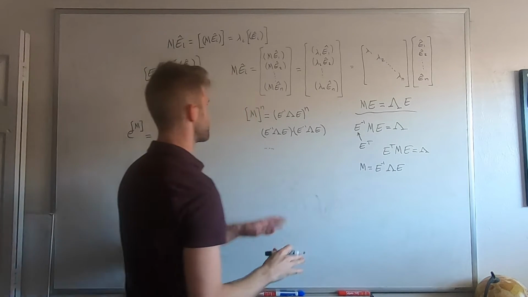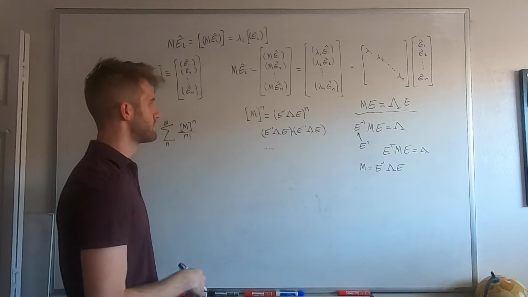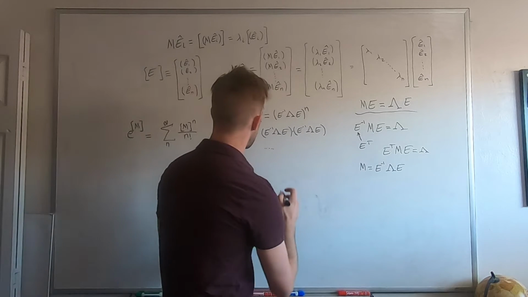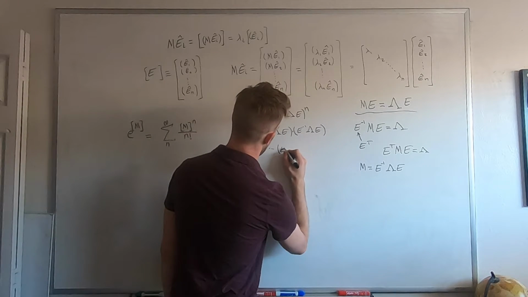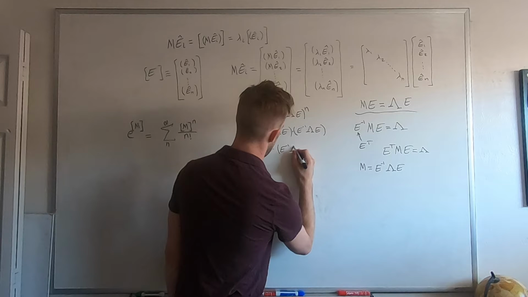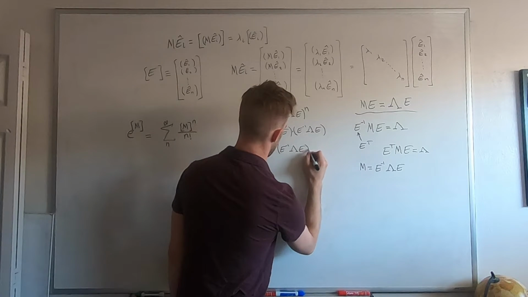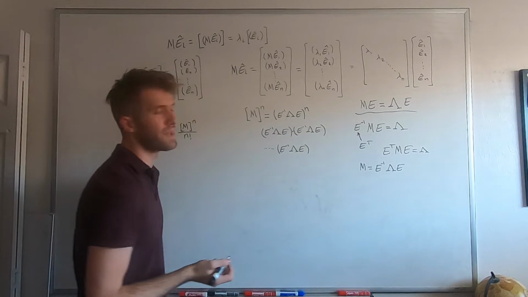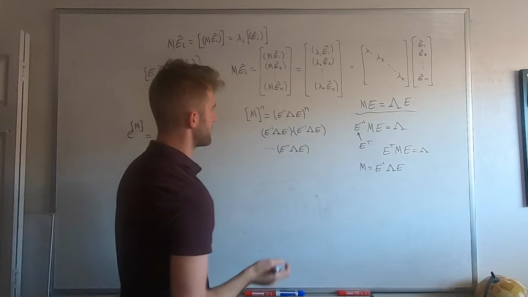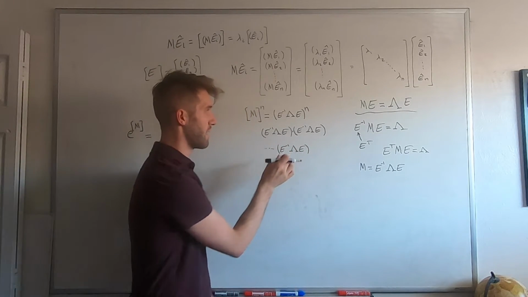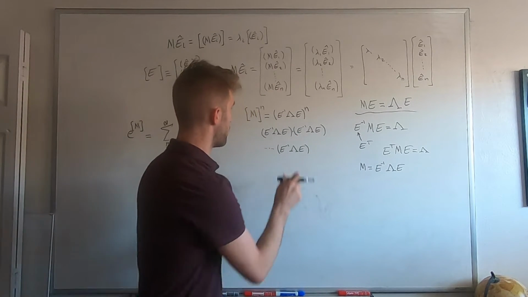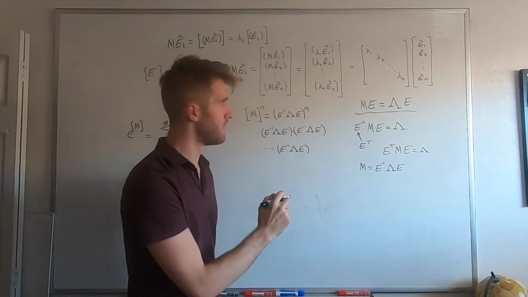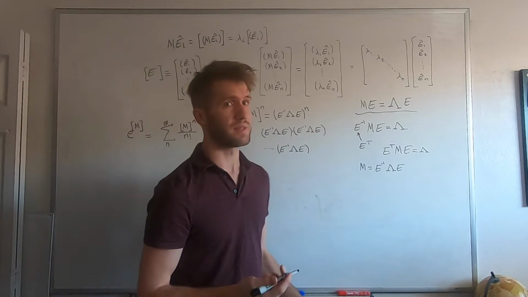So that goes to an arbitrary nth amount of values, and we're going to have E to the negative 1 lambda E. What we can see right off the bat is that the matrices adjacent to one another, E and E to the negative 1, are just going to give us the identity matrix.